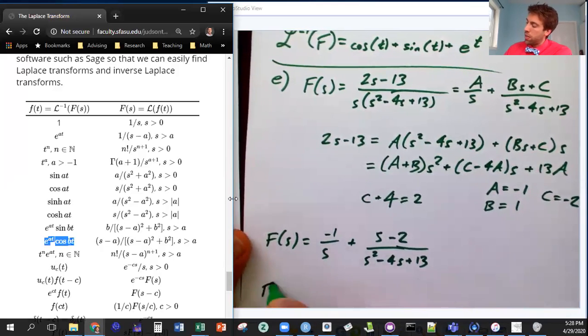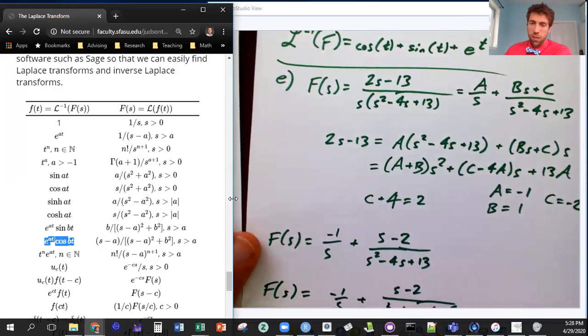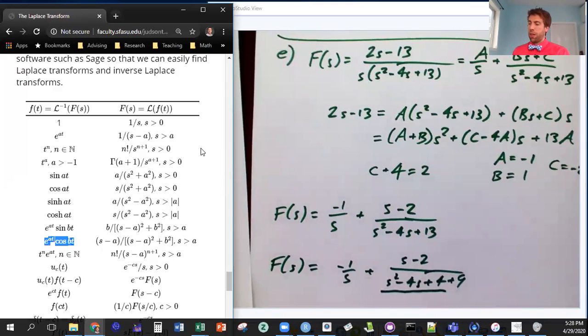So F of s equals negative 1 over s plus s minus 2 over s squared minus 4s plus 4 plus 9. And that is s minus 2 squared.